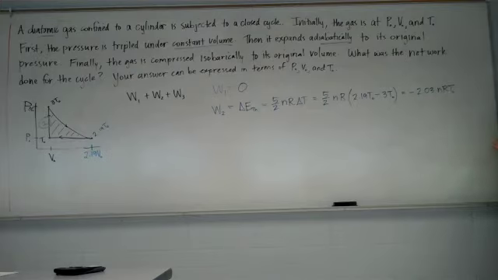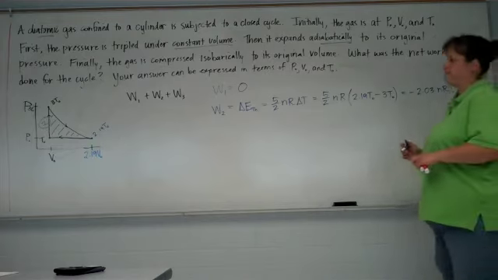We were told our answer can be in terms of P naught, V naught, and T naught. But what is nRT naught? PV. So negative 2.03 P naught V naught of work is done in the adiabatic step.